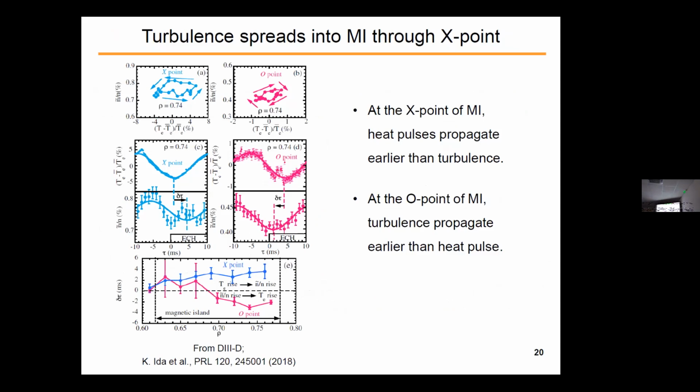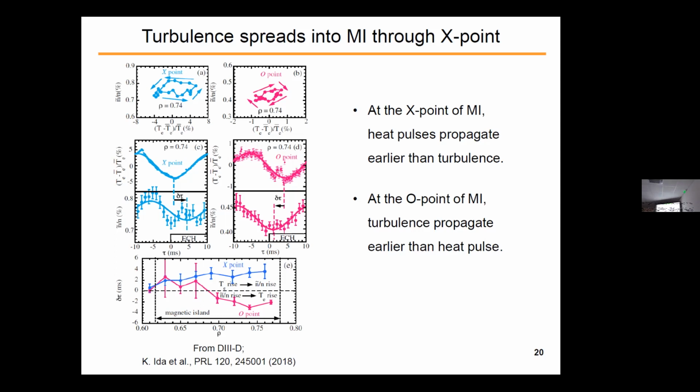Actually, Kazumi Ida visited this 3D and did the experiment, and he looked at both the electron heat pulse and density fluctuation. His conclusion, based on the analysis of the experiment, is that at the X point of the magnetic island, the heat pulse propagates earlier than turbulence.